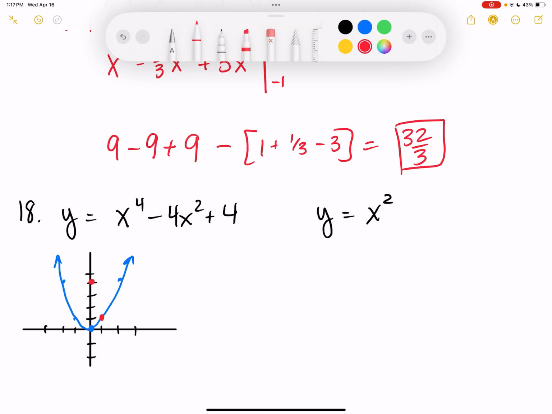At 2, 16 minus 16 plus 4 would be 4. At negative 1, should be the same thing. It should be symmetric.